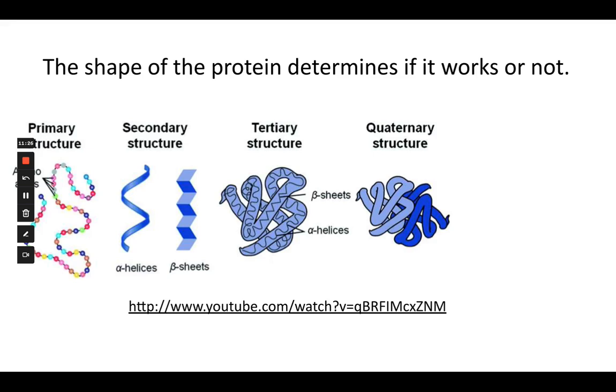From that primary structure, we go to the secondary structure, where there's a 2-dimensional folding and creation of the molecule. Then we go to the tertiary structure, where the entirety of the molecule folds over on itself and creates a 3-dimensional structure. And then some proteins even go on to have a quaternary structure, and this is where multiple proteins work together and become subunits for the entirety of the protein, which is that quaternary or 4th level structure.